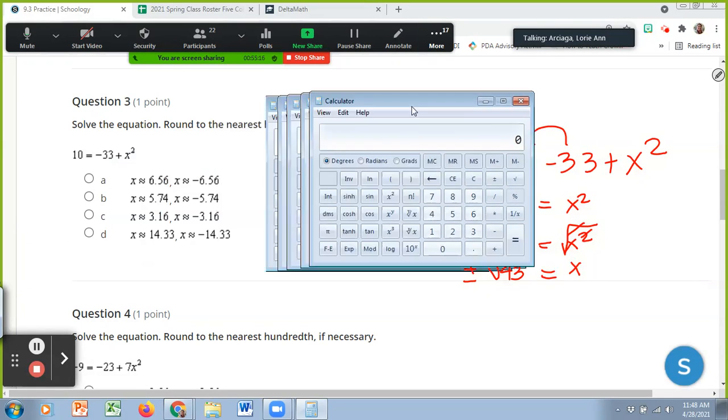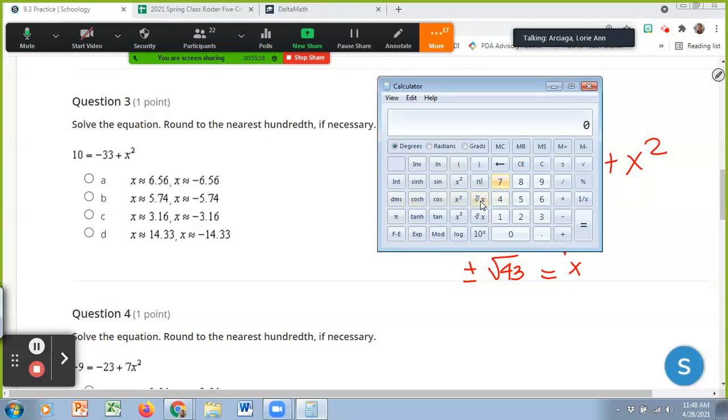Yep. You do square root. Where's the square root here? There. Square root of 43. Oh, wrong. It has to be 43 and then square root first. There. 6.56. Very good, George and Juliet.